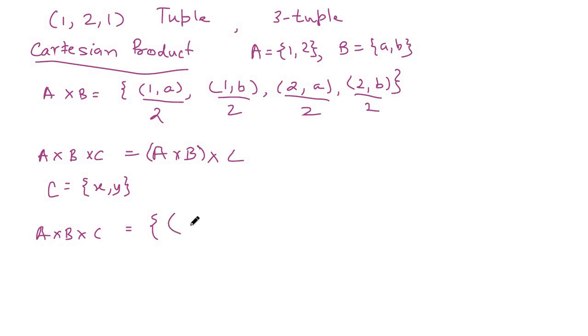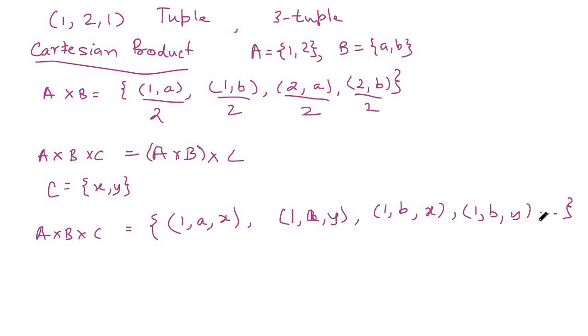The first item is coming from A, the second item from B, and the third item from C. Then again, all such possibilities we cover: (1, a, x), (1, a, y), then (1, b, x), (1, b, y), and so on and so forth. So all such combinations will be here. It's a set of 3-tuples.